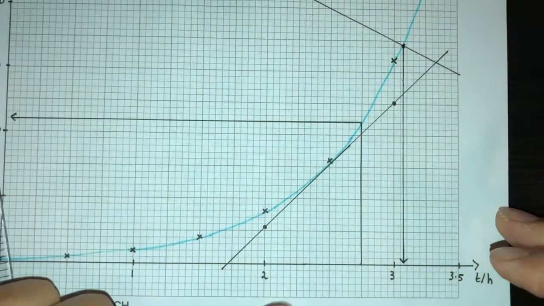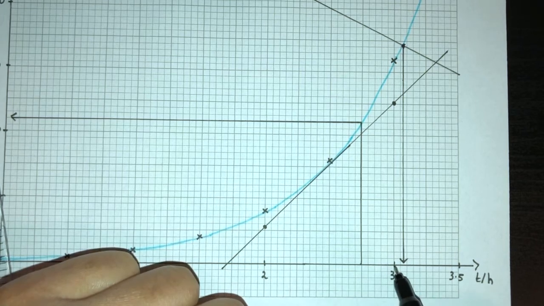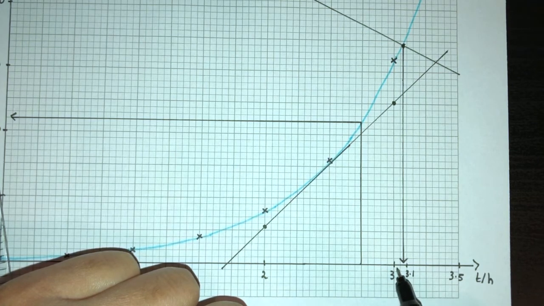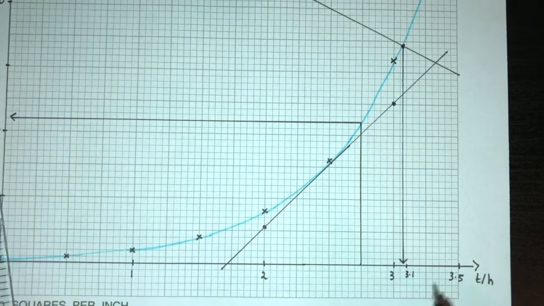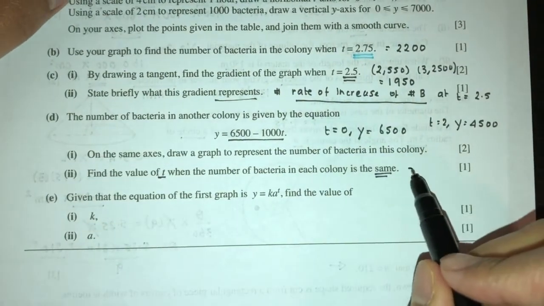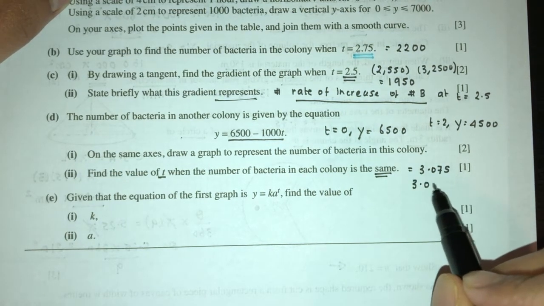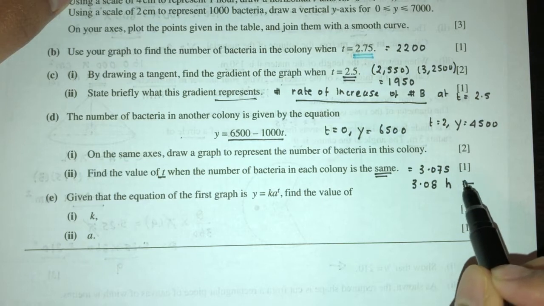That should be 3.1, 3.2, so 3.075. Because this is 3.05, this is 3.1, so 3.075. So your answer will be 3.075 for this one, but 3 significant figures will be 3.08 hours.